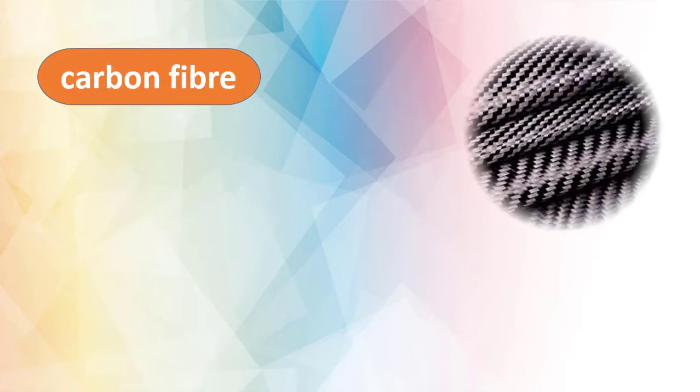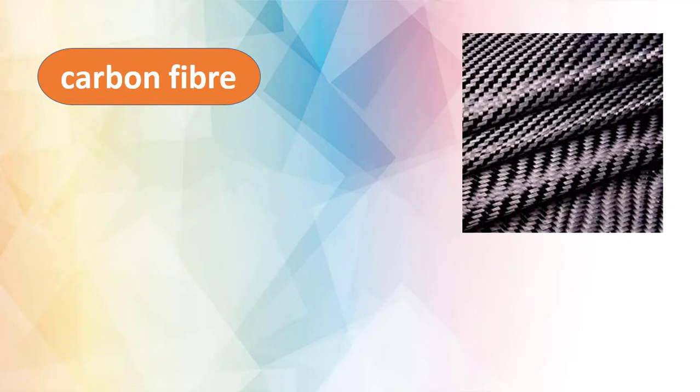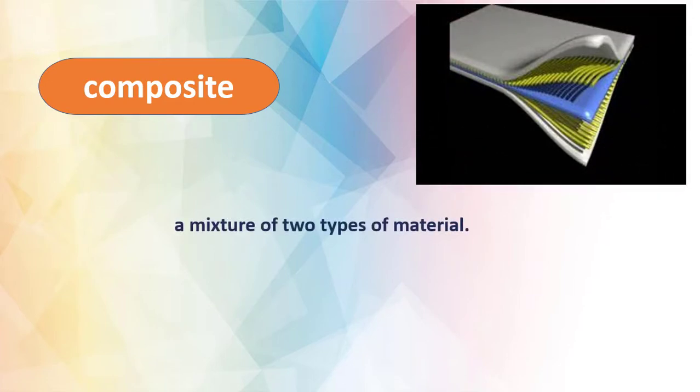Look at the picture. Can you find the meaning or can you guess the meaning of carbon fiber? A plastic composite. It's a plastic composite. Good. Our next word, composite. It means a mixture of two types of materials. A mixture of two types of material.